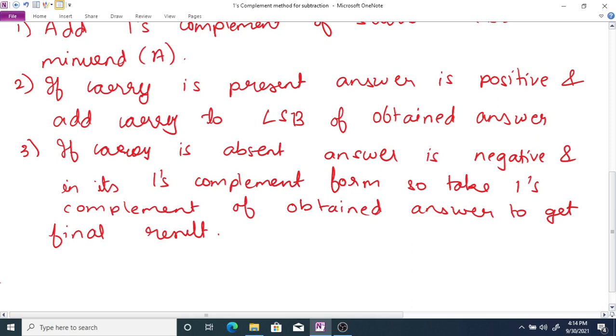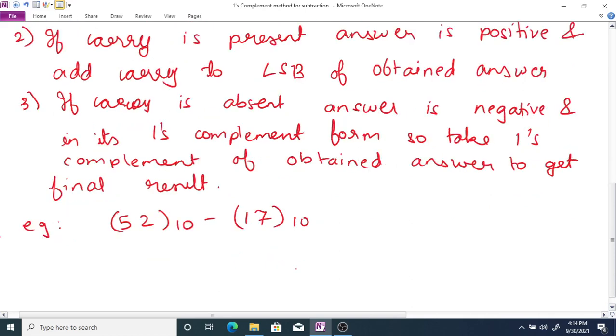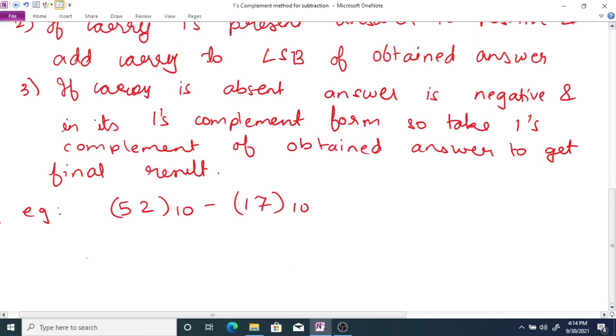So, we will see an example here. Suppose we have 52 minus 17. So, first we will convert 52 into binary number. So, here a will be 52 and in its binary form we get 110100.